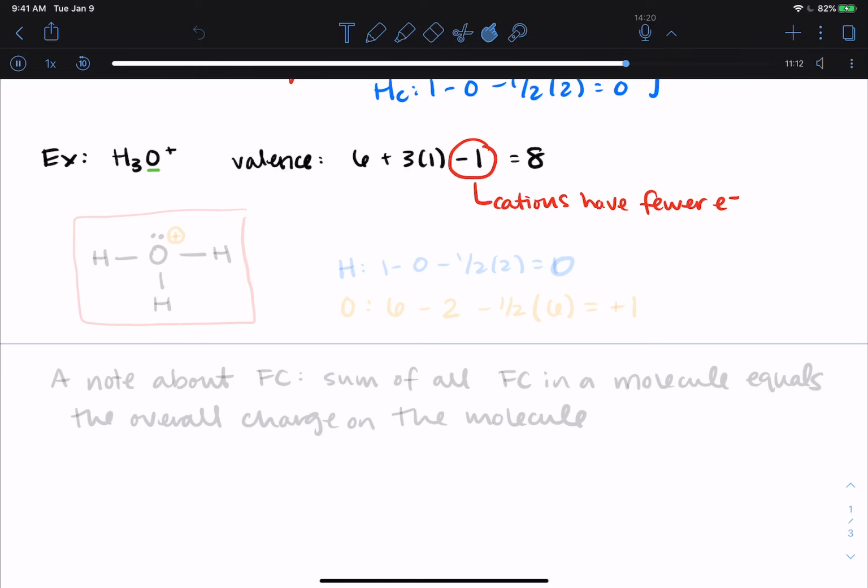The connectivity, we figured out oxygen is in the middle. So we'll put oxygen in the middle here and the hydrogens around it. It's kind of starting to look like the nitrogen example. Connect them with bonding pairs. Put lone pairs around the outer atoms first. Hydrogen doesn't need any.